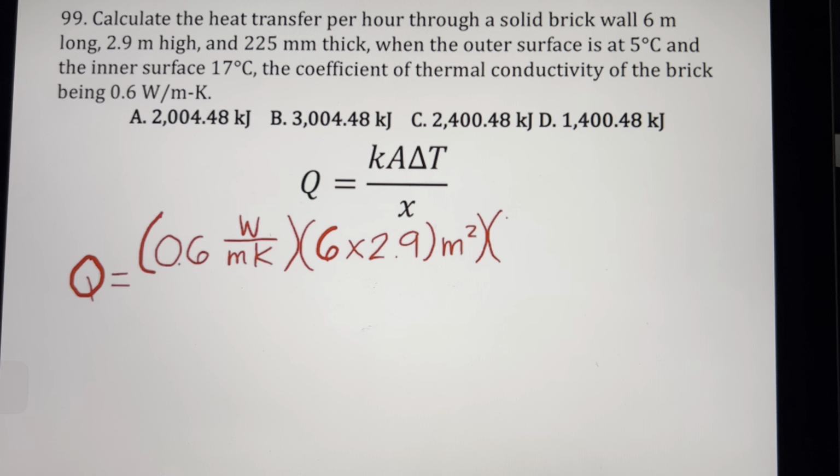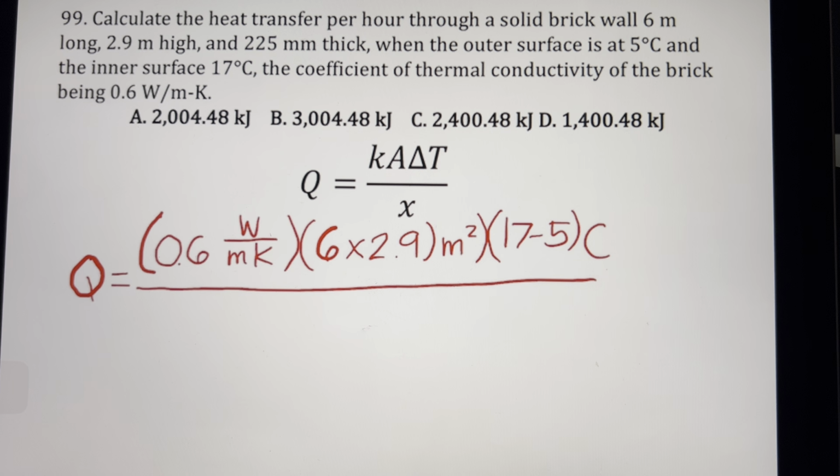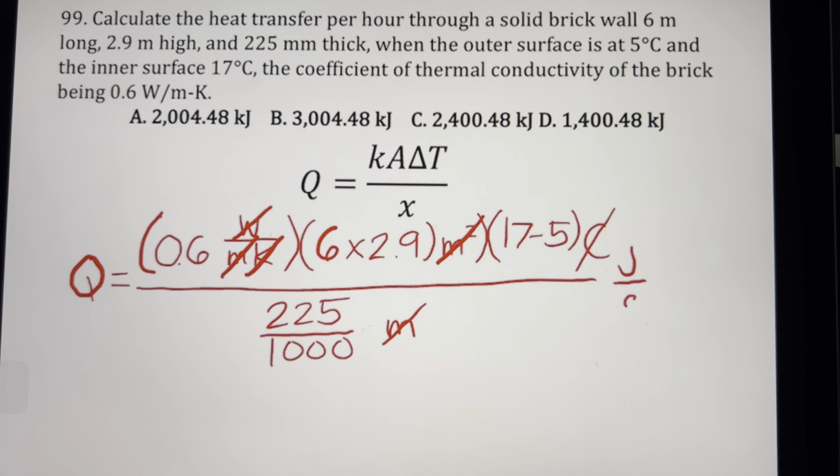Our change in the temperature, that is 17 minus 5, all over the thickness, 225, and that is millimeters. If we divide that by 1000, that will be meters. As well as the change in Celsius, which is the same as the change in Kelvin. So our final answer here is watts or joules per second.